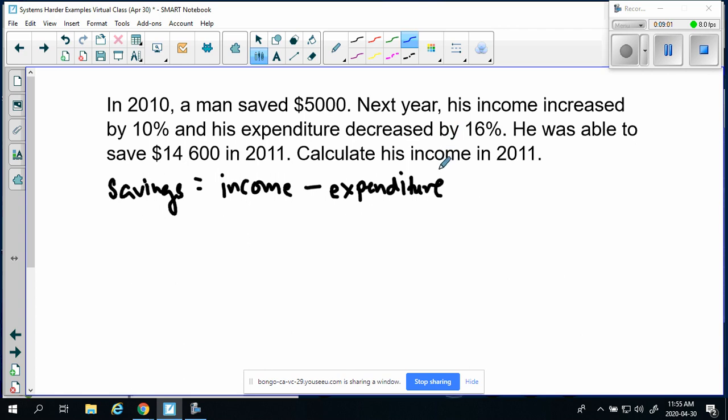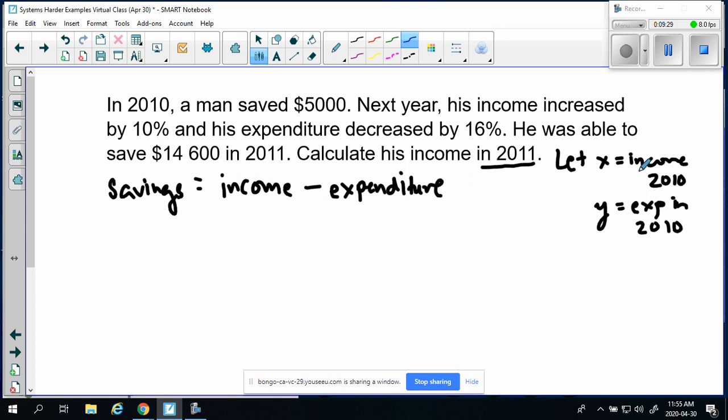Okay. So I'm going to let X equal his income in 2010, and I'm going to let Y equal his expenditure in 2010.